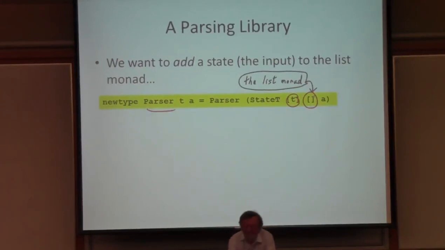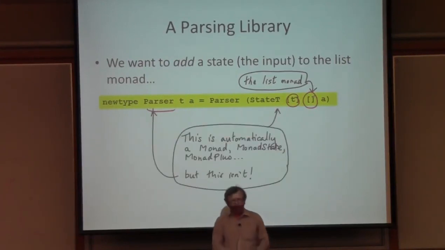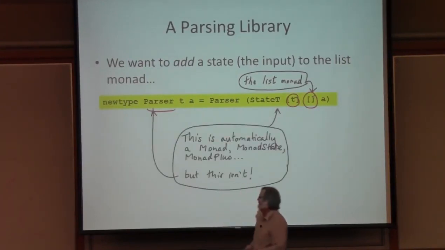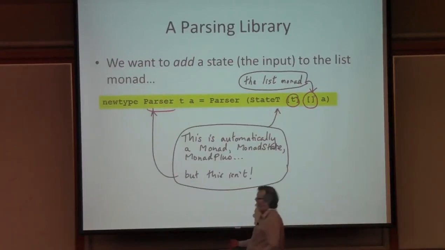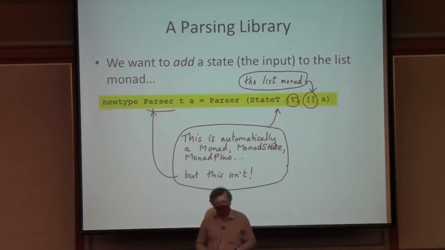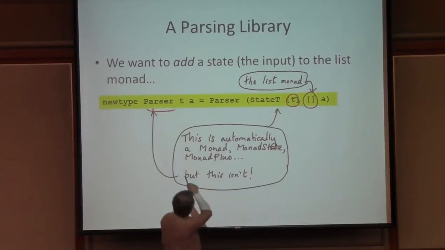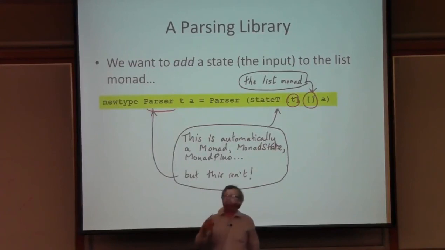Okay, so there's just one problem with this definition. And that is, I've just constructed a whole lot of instances so that the type inside the parser constructor is automatically a monad, and a monad state, and a monad plus. It's got all of the structure that I want. But the parser type itself is a new type. It's different from all of the old ones, and it doesn't have any of those instances.